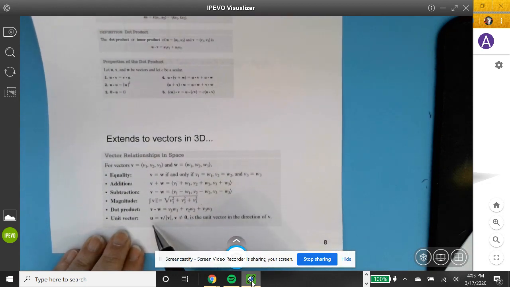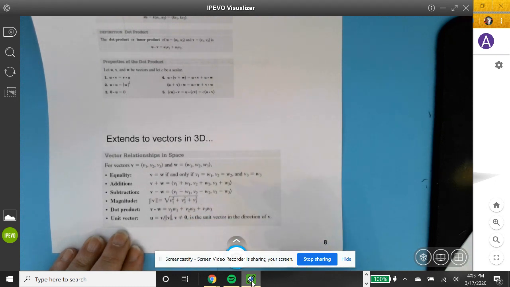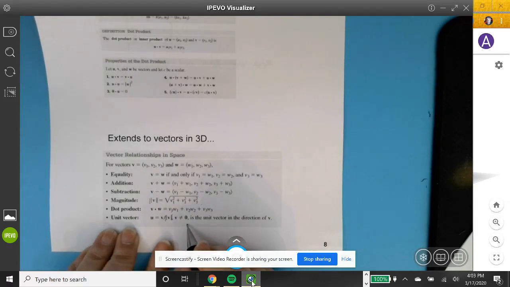And then a unit vector is nothing more than the vector divided by its magnitude, where the magnitude is not 0. And in 3 space, we don't use angles as our way to dictate what direction is. We use unit vectors.